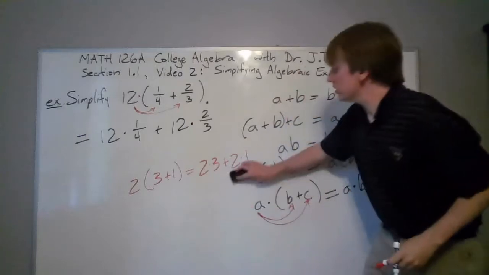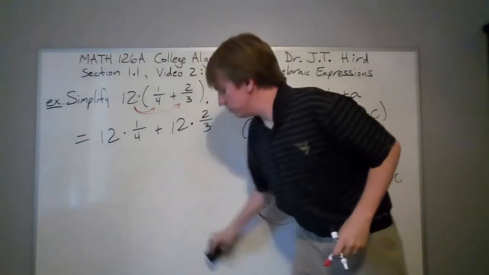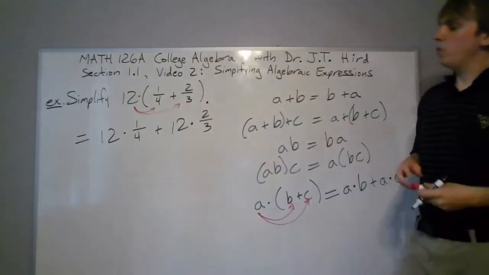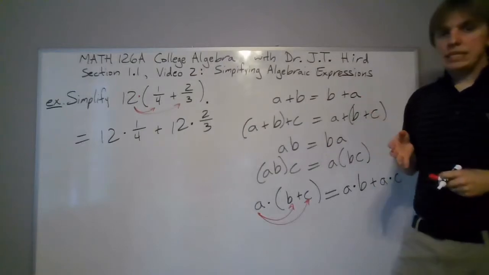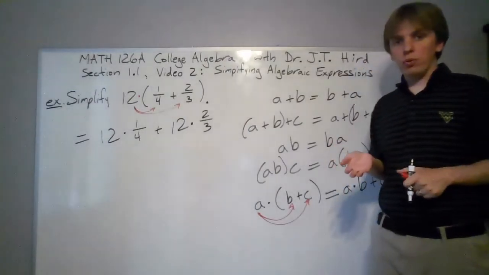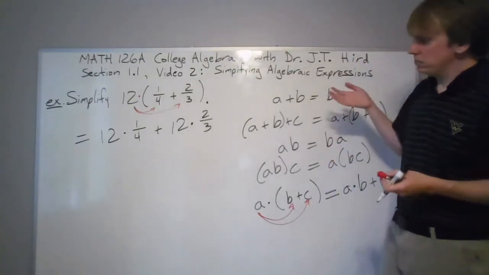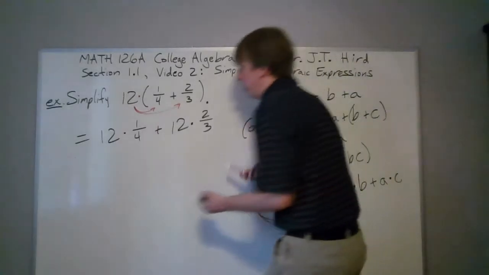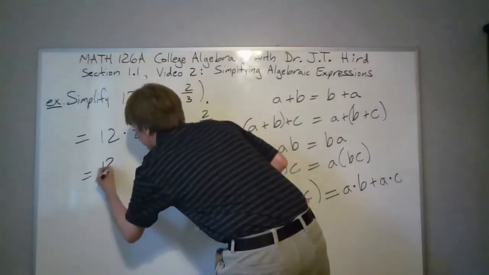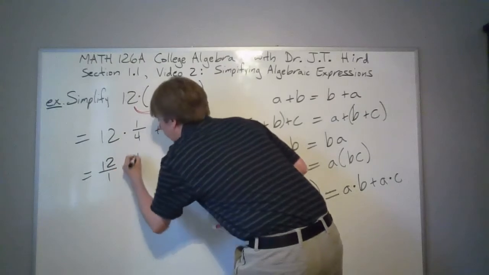Okay, so just to talk about why this would be helpful, it's really easy to multiply a fraction by a whole number because a whole number is really an implied fraction. 12 is the same as 12 over 1.